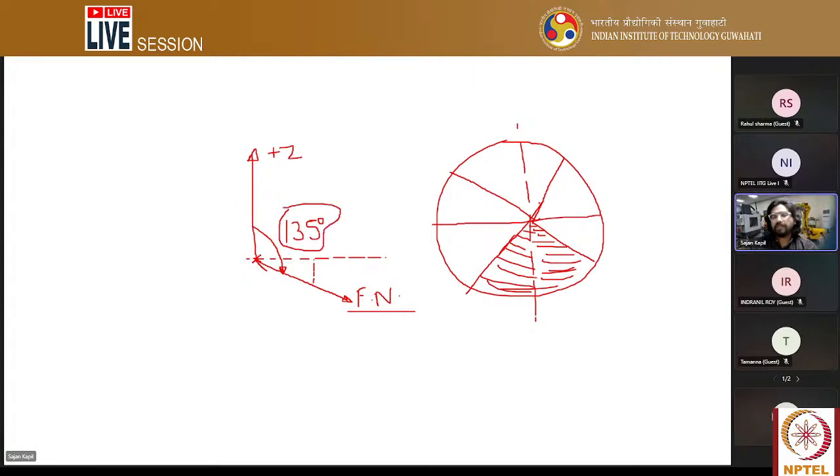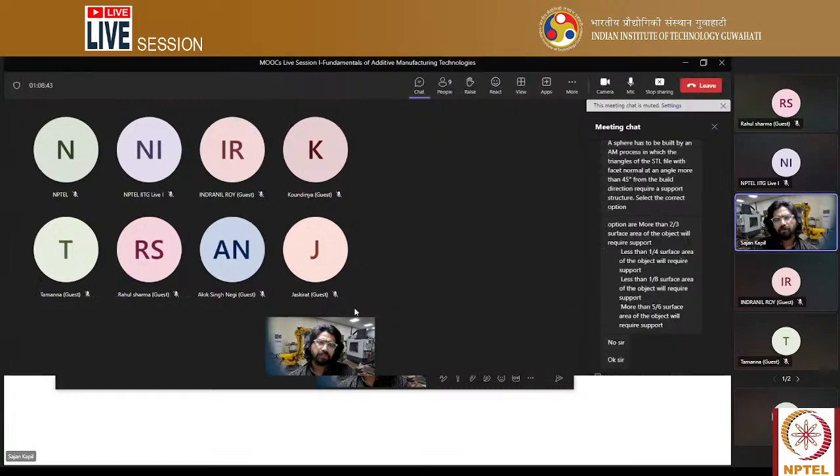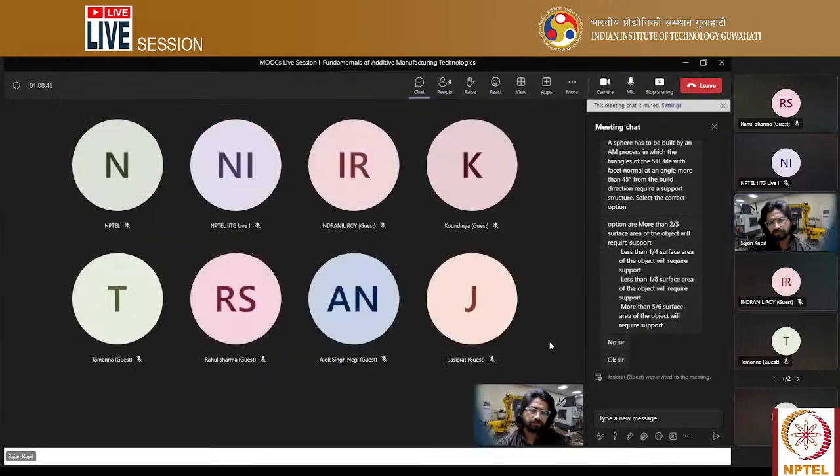And it does not make any sense, because if there's a triangle and the build direction is plus Z, and we are saying that the triangle with 45° requires support, I don't think it makes any sense, because if this angle is 45°, definitely this triangle will not require support. So it should be either 135 as per the question, or it should be written as the angle from the horizontal axis or something.